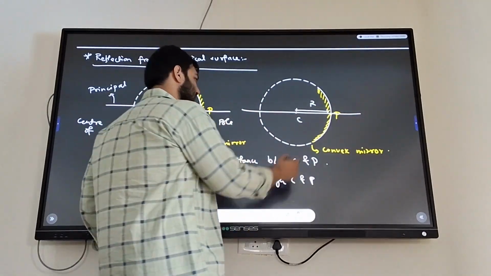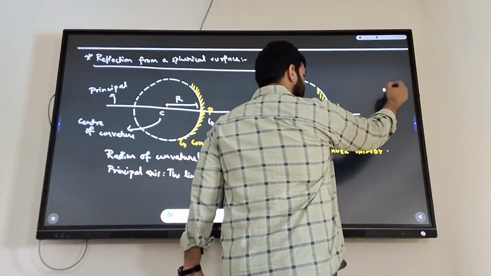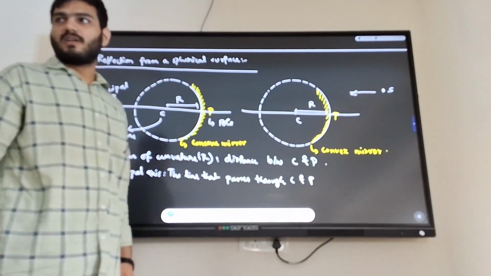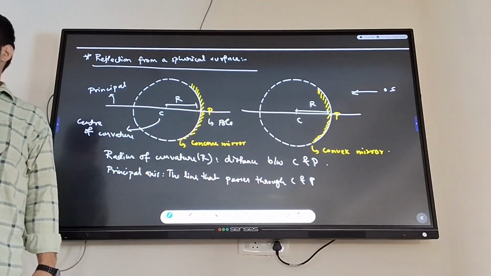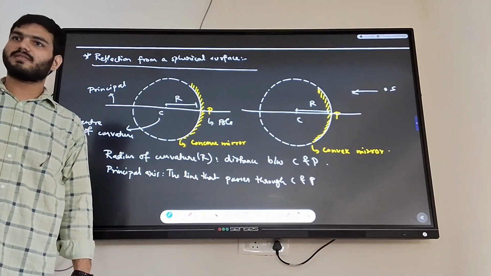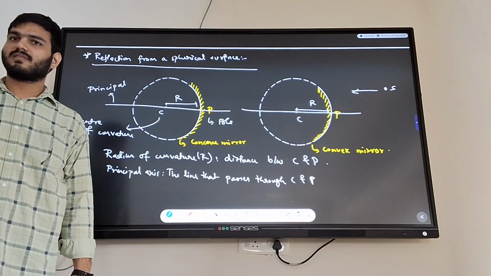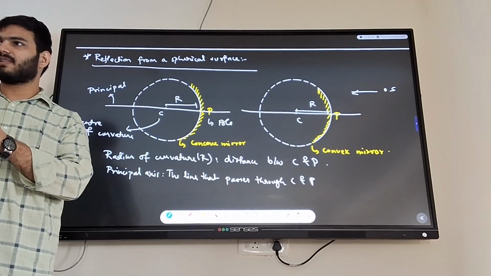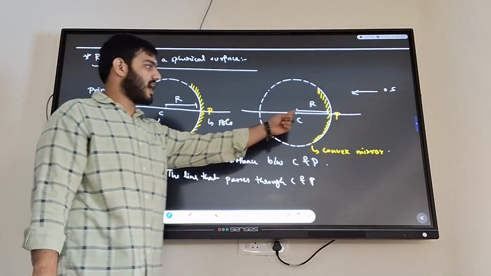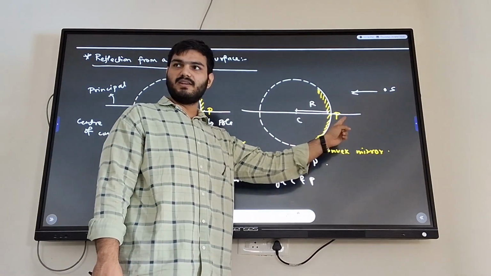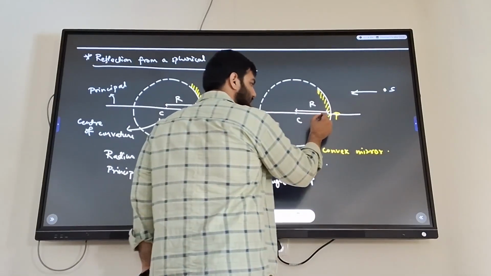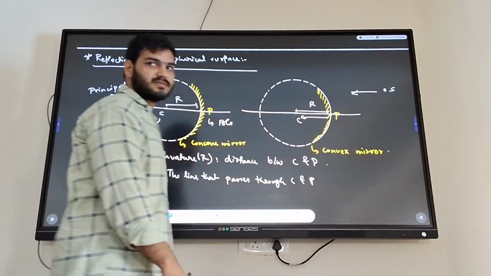If I have a source here, the incident rays are going in this direction. When I calculate distances, they are always calculated with respect to the pole. Remember that. When I calculate this R, I should not find CP, I should find PC, in this direction.